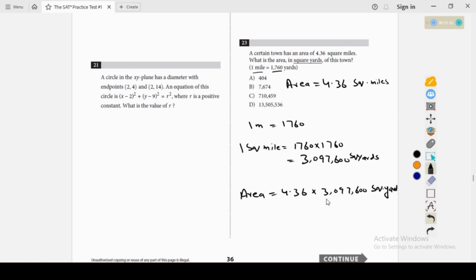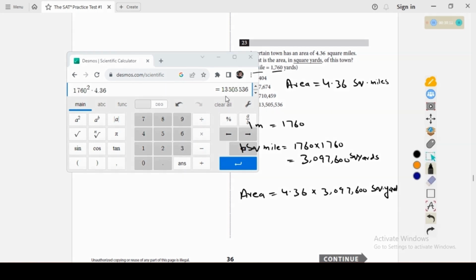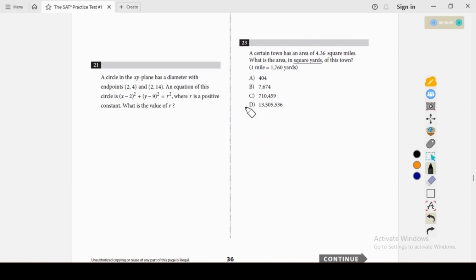Just by multiplying both the values, the answer is 13,505,536 square yards. So our correct answer is D.